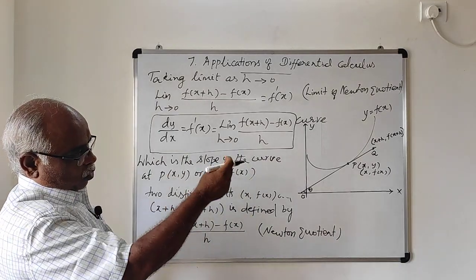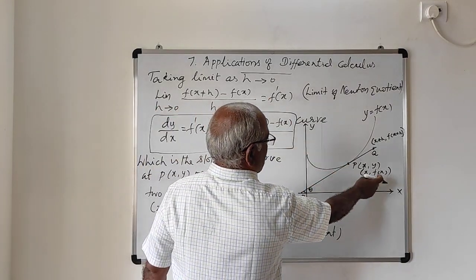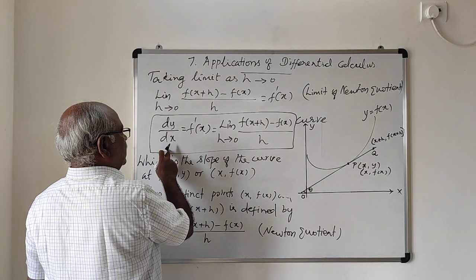So the slope of the curve at the point P x comma f of x is dy by dx.